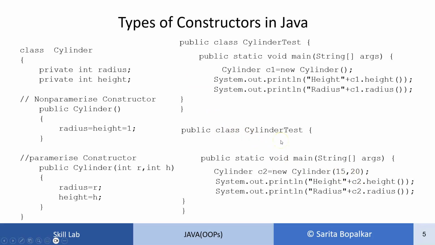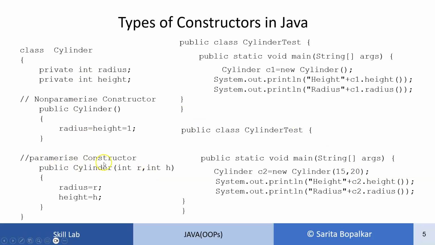In the application class, if I create the object, Cylinder reference C2 = new Cylinder, and I am passing two parameters here, 15 and 20. At that time, it will search for the constructor which has parameters.